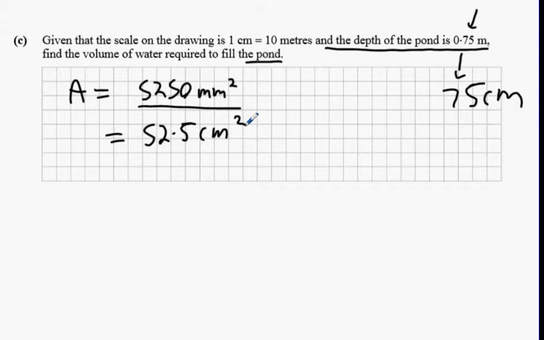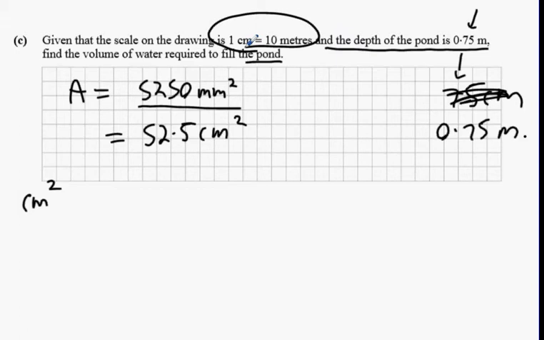1 centimeter equals 10 meters now. I'm going to keep that as 0.75 meters, actually, now that I think about it. Now I have to compare centimeters squared into meters squared according to the scaling of the diagram. Okay?